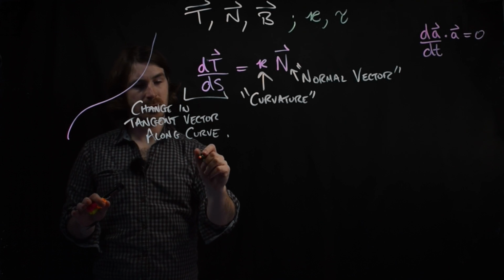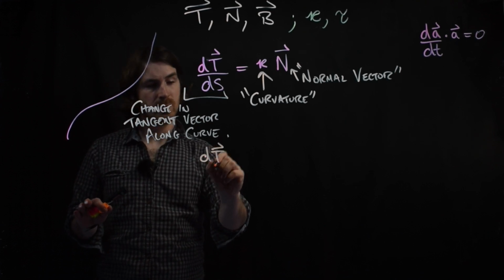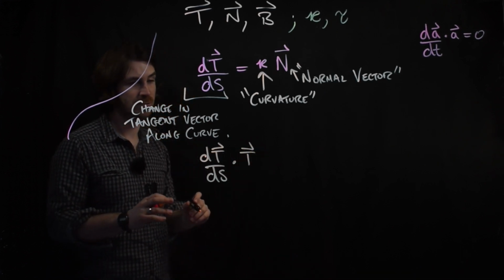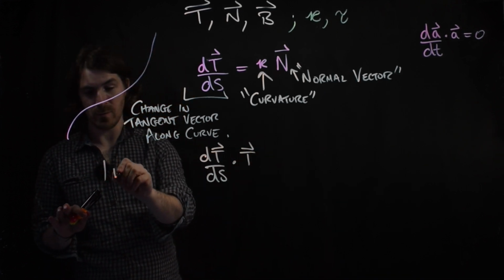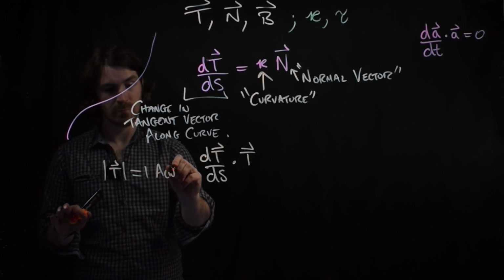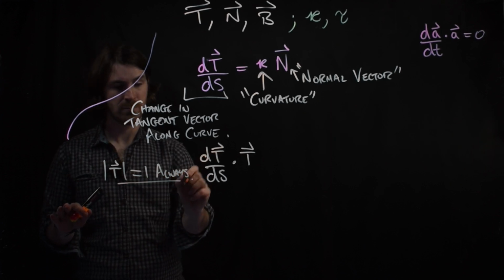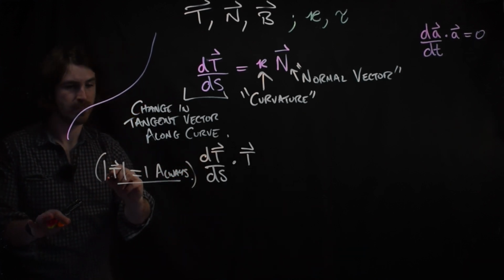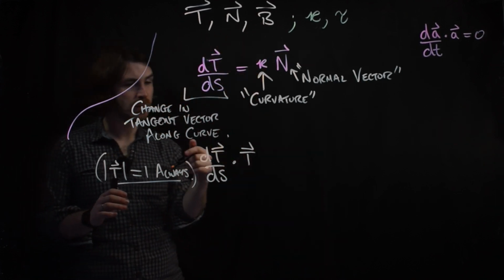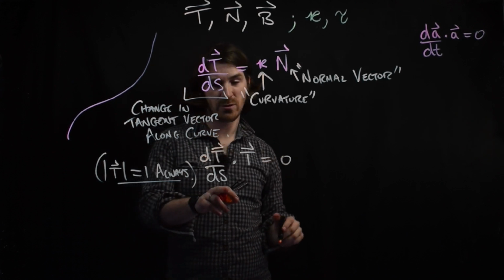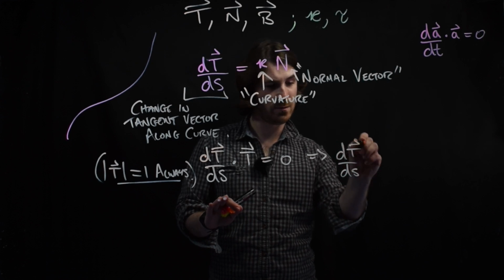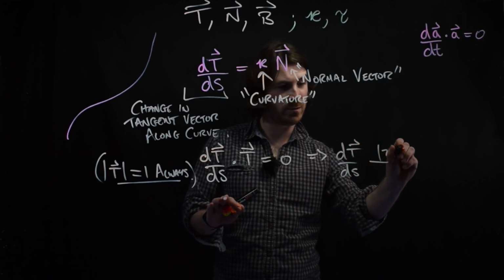We'll see that dt by ds is perpendicular to t, because remember, the magnitude of t is 1 always, by definition. The t, n, and b that we're considering are unit vectors. So this is true: dt by ds is perpendicular to t.